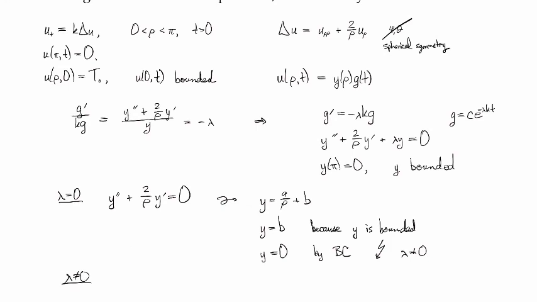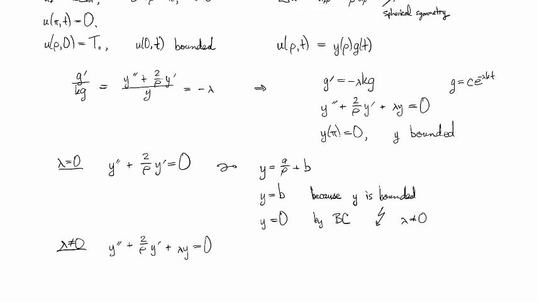Okay, so then what about if we have lambda non-zero? If lambda is non-zero, then it's not immediately clear what to do with the differential equation. But if we make the substitution v equals rho y, so that y is rho inverse v, then substituting this into the equation, everything cancels in this amazingly lovely way, and you just end up with rho to the -1 times v double prime plus lambda rho inverse v equals 0.